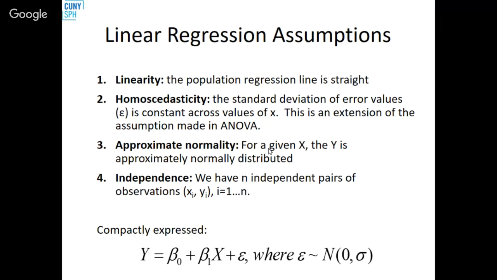Then both X and Y can be somewhat bimodally distributed, which would seemingly violate the assumption of approximate normality. But as long as for a given height, shoe size is normally distributed, it's not violated, it's still okay. So that would be an example of where Y is not normally distributed, but conditionally on X it is normally distributed. And that's the normality that we're talking about.